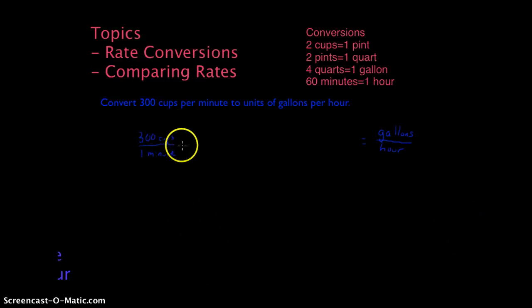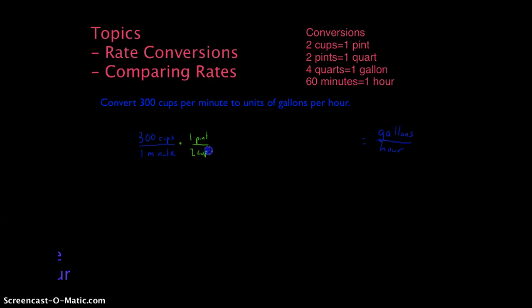So I'm going to use the same process that I've used before. I'm going to continue to multiply by conversions until I'm there. Okay, so I have 300 cups per minute. All right, let's turn the cups into pints, right? So if I want to have pints here, I'm going to go with 1 pint on top and 2 cups on bottom.